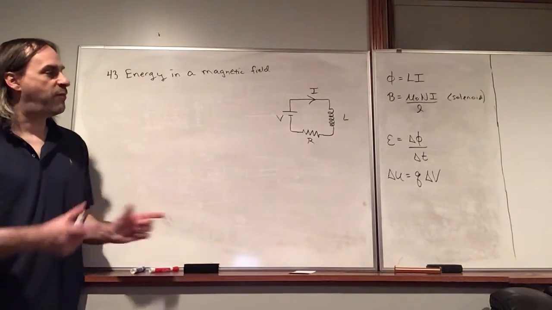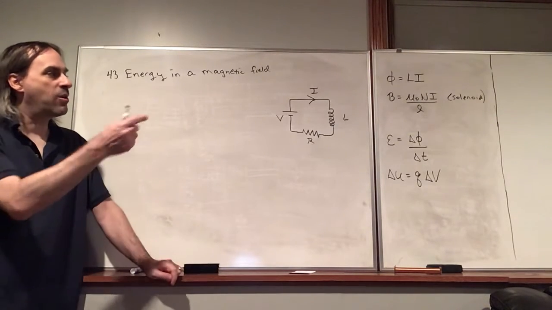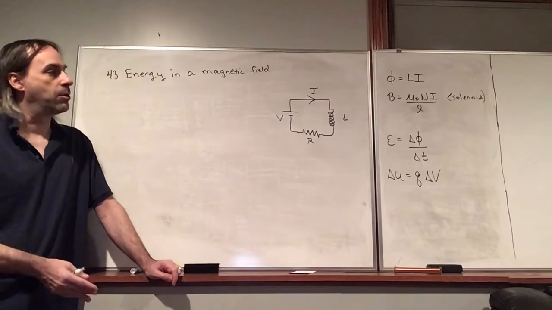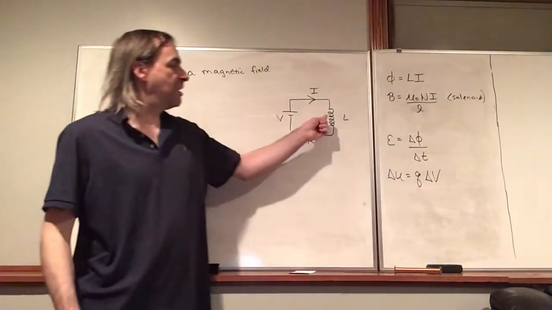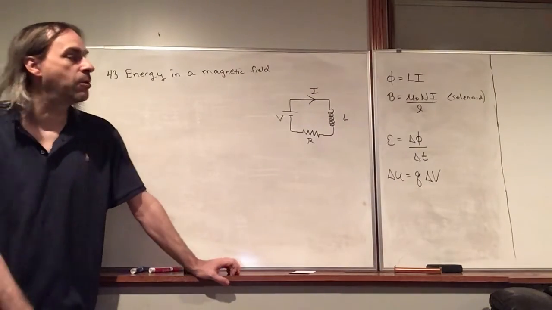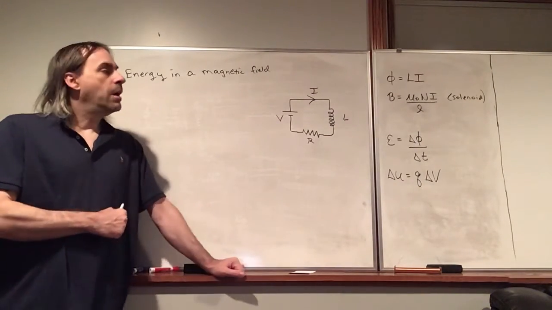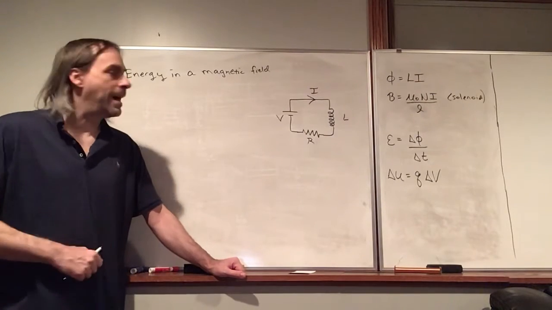Like say we flip the switch to remove the battery from the circuit, the current can't drop instantly to zero. Because of the inductance of the system, in this case a solenoid, there'd be an EMF that's powering that current as it's dying down.